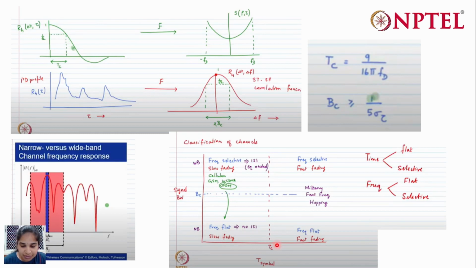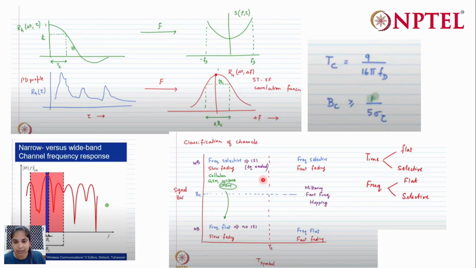And if the symbol period is lesser than the coherence time, then it's slow fading. The channel is almost flat and it's varying very slowly. If the signal bandwidth is lesser than the coherence bandwidth, but the symbol duration is greater than the coherence time, then it's a frequency flat but fast fading channel.